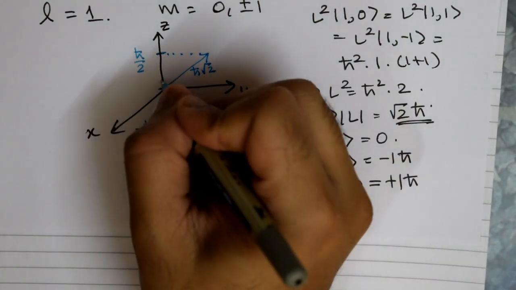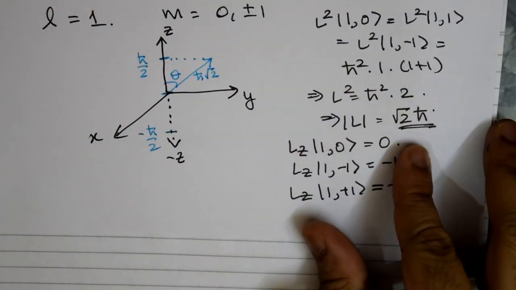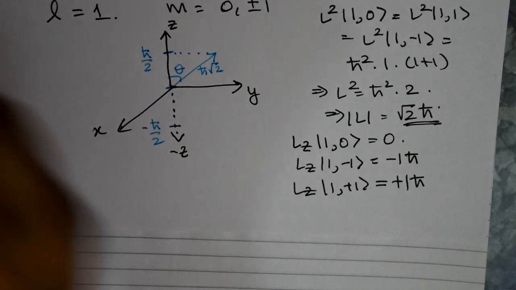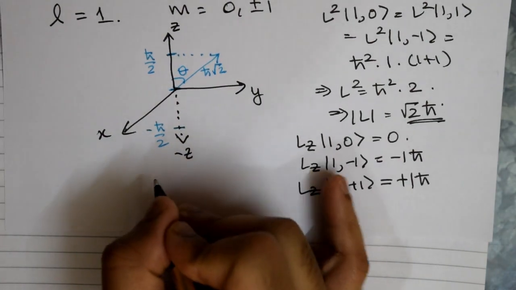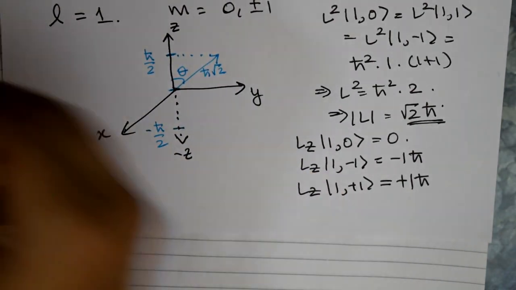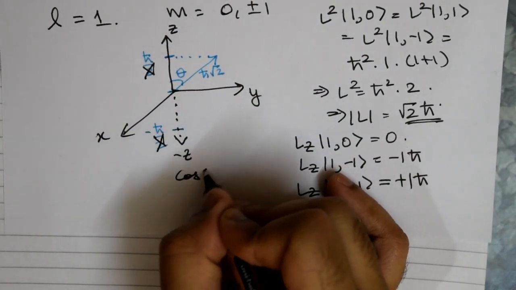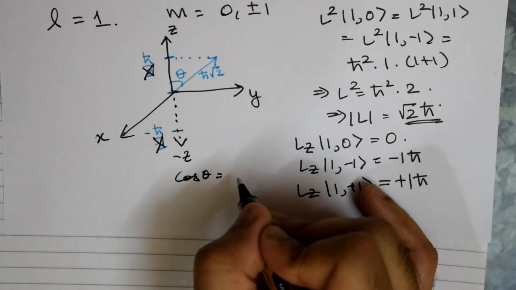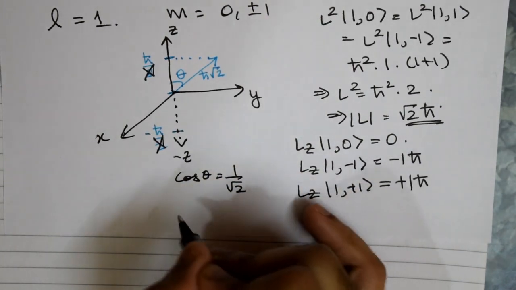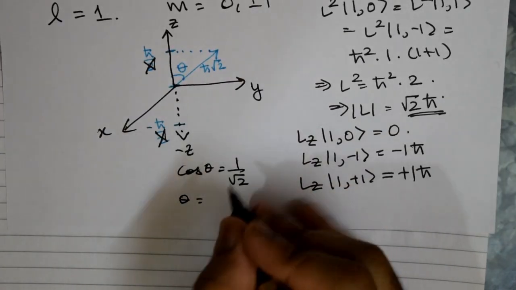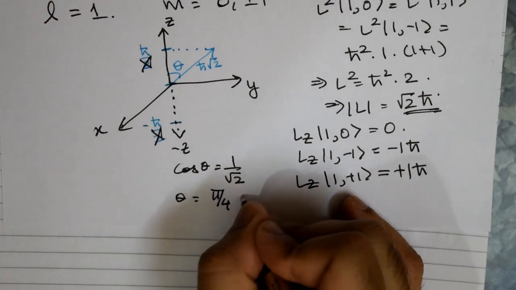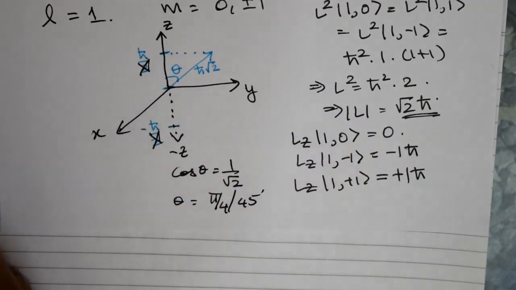So by basic trigonometry, one should be able to understand what is the angle theta here. So what will be the angle theta? You have something like cos theta, sorry, this won't be h cross by 2, it will just be h cross. So you're going to get cos theta is going to be equal to 1 divided by square root of 2, where theta is pi by 4 or 45 degrees, right?